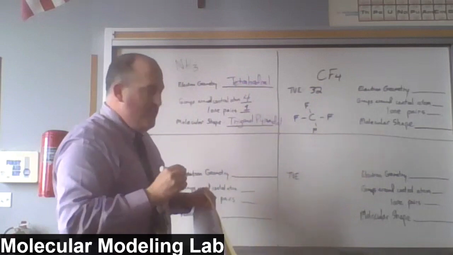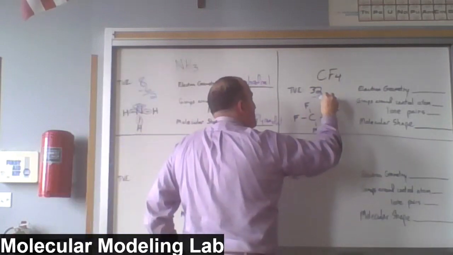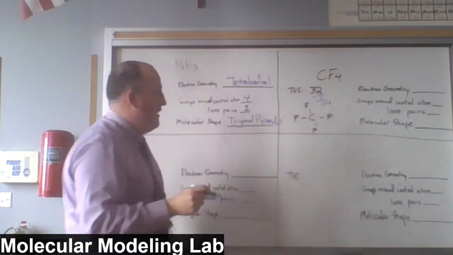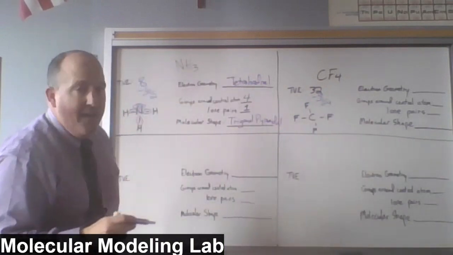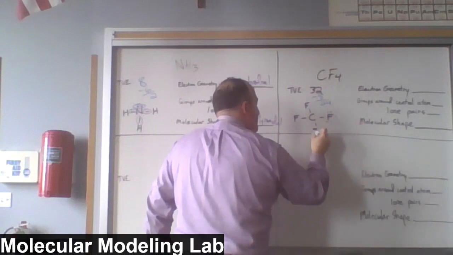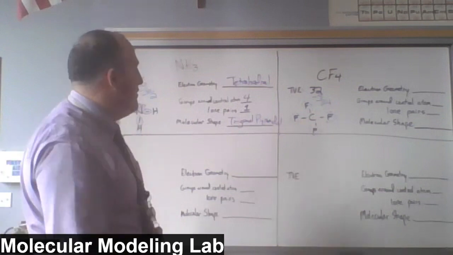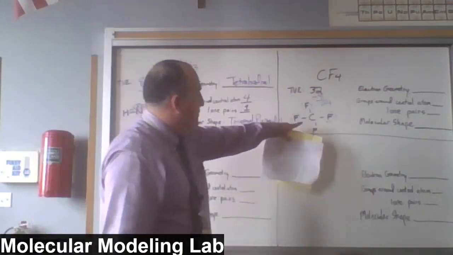Connecting the carbon to the fluorines uses up 8 of the total valence electrons. We have 24 left over, and we have to satisfy the octet rule for the fluorines. There are 4 of them, with 6 electrons each, well, that's 24. 6 times 4 is 24.